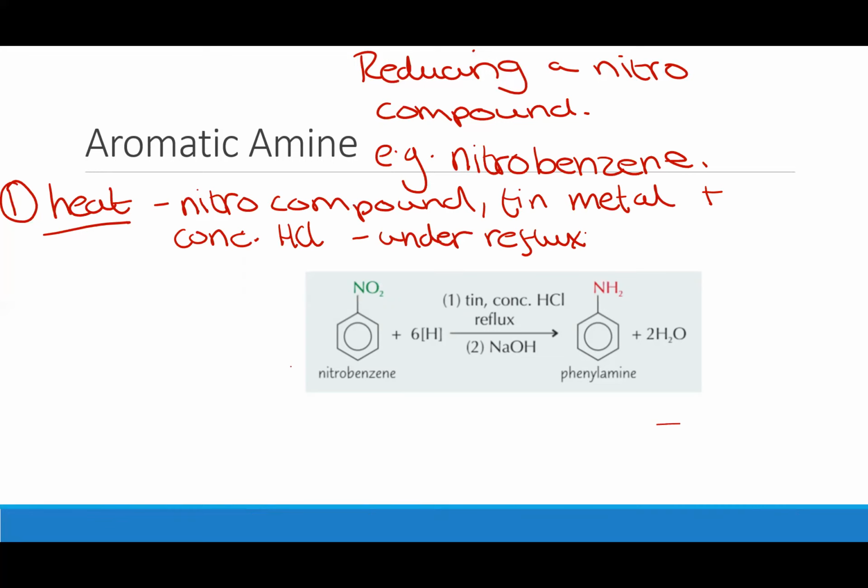So for example, if you use nitrobenzene, the salt that we form in this situation is C6H5NH3+ Cl-.